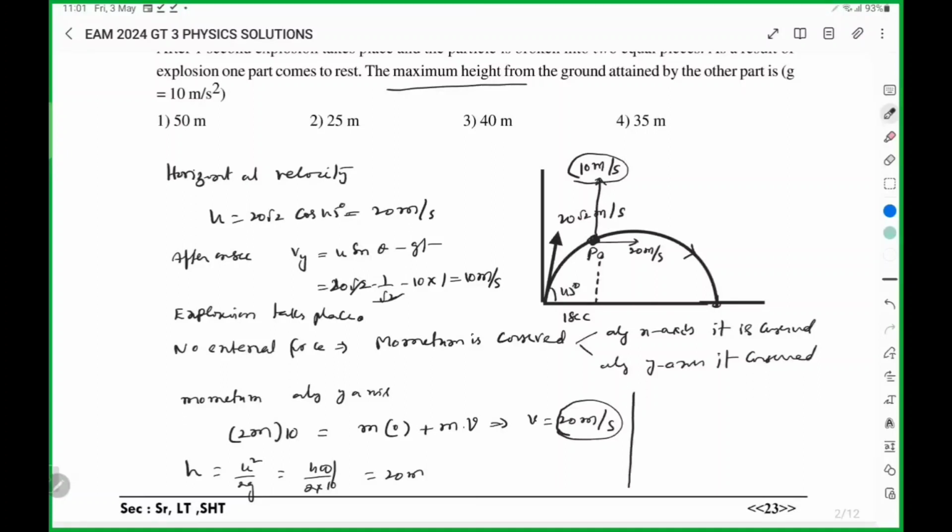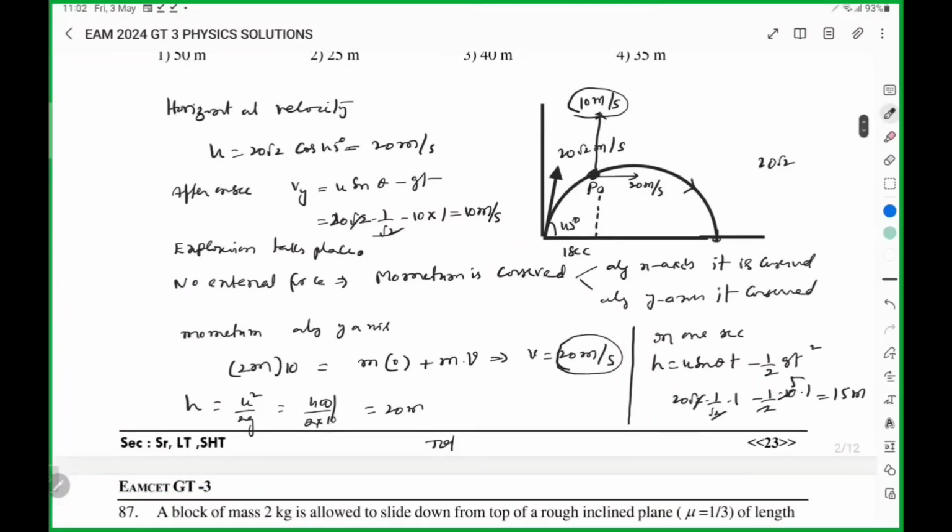So in 1 second, it rises to a height u square by 2g. The vertical velocity initially is 20√2. So the vertical displacement I will write as u sin θ into t minus half gt square, 20√2 sin 45, minus 5 into 1, that is 15 meters.